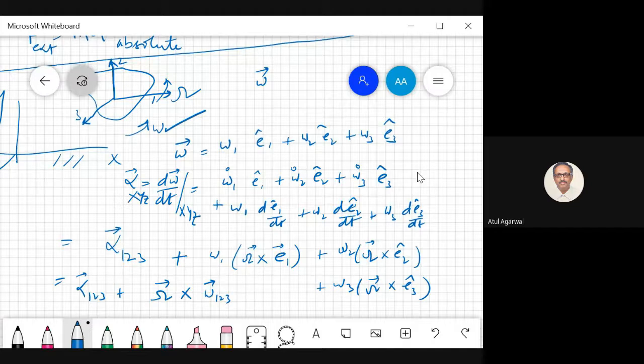Cross omega 1 E1 plus omega 2 E2 plus omega 3 E3, which is nothing but your omega as measured in terms of the 1 to 3 coordinate system. It is not measured from 1 to 3, but you are using the unit vectors of 1 to 3.